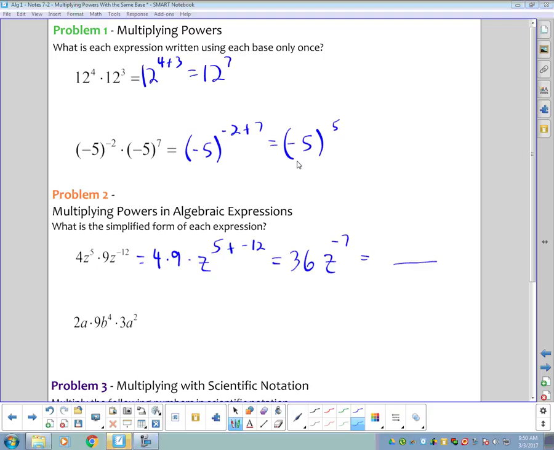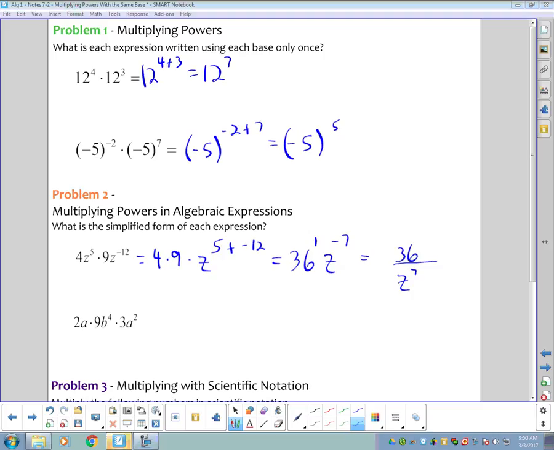Well, what's the power on 36? 1. So does it stay or move? It stays up top here. Now the z to the negative 7 drops to the bottom and becomes z to the 7. So as you're going through and doing your rule where you're adding powers, you may get a 0 power, or you may get a negative power, and you need to use the rule from last time. Okay?